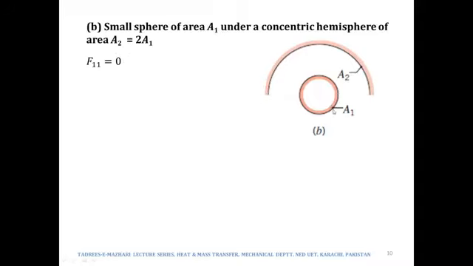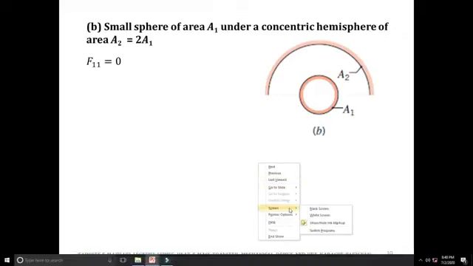So is F11 0? Again, there would be four shape factors: F11, F12, F21 and F22. Can we say anything about F11? See over here, the inner portion of 1 is shaded, so it means we will not be considering radiation heat transfer from the inner side of A1. We would be considering the radiation leaving 1 from the outer surface.